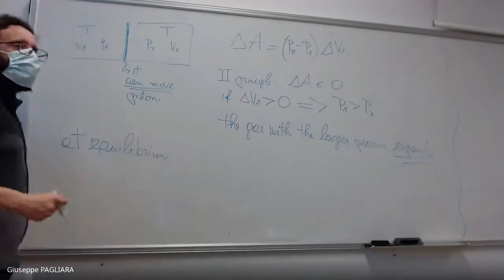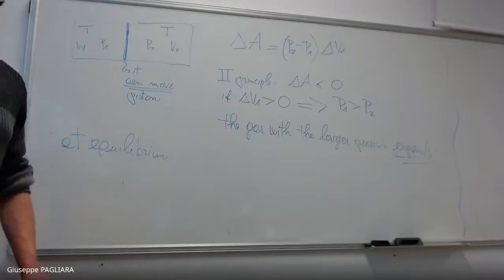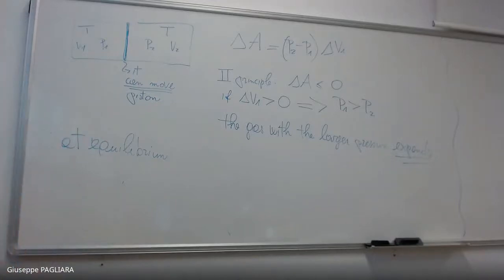When I have equilibrium, as in the case we analyzed before, in that case equilibrium was reached when delta S is equal to 0. So any variation of entropy is 0 because there is no way to increase the entropy further.